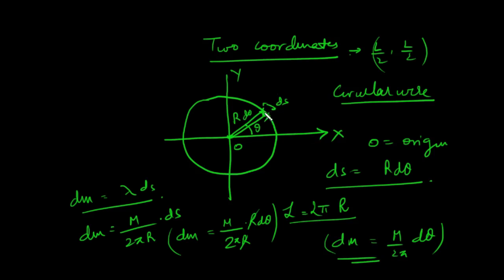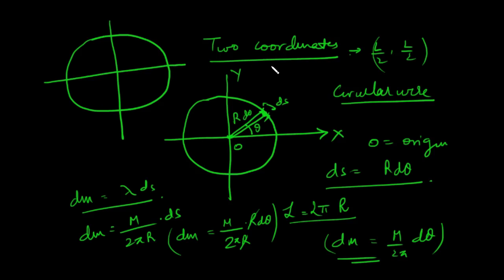So this mass element has two coordinates actually. You see, it does not have one coordinate as was the case with the rod. You know, in the square plate also there were two coordinates. One was from this axis and one was from this axis. And this is similar because, you know, from this axis we can take this coordinate as down and this point was reached. So here there are two coordinates formed.